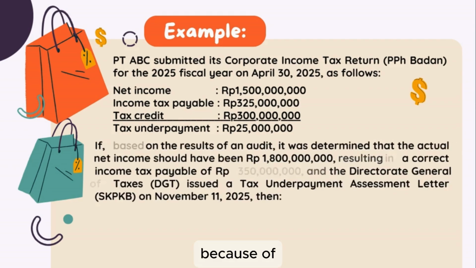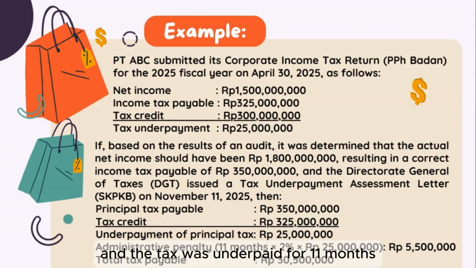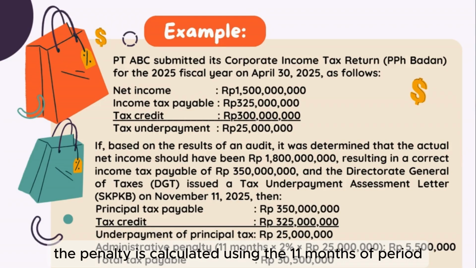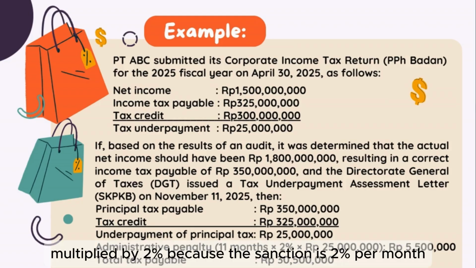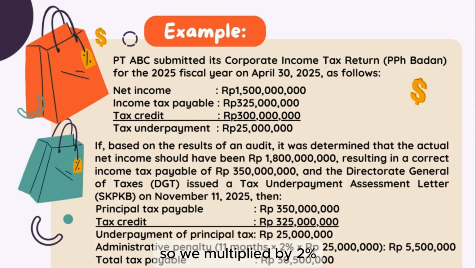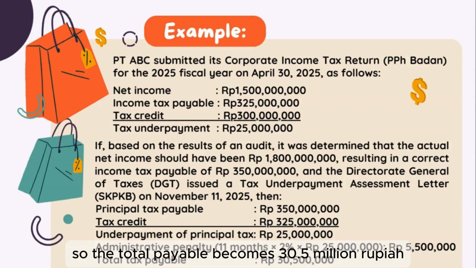So, because the net income changed to 350 million rupiah and the tax was underpaid for 11 months, the penalty is calculated using the 11-month period, right? Multiplied by 2% because the sanction is 2% per month. So we multiply by 2% and multiply by the underpaid tax, which gives 5,100,000 rupiah. And finally, we add the underpayment and the sanction, so the total payable becomes 30,500,000 rupiah.